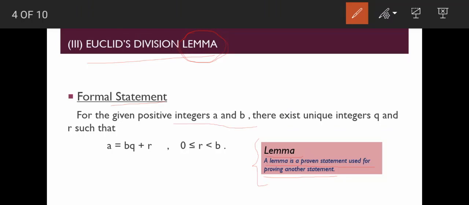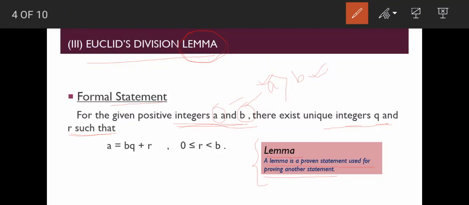So let two positive integers a and b be given to us. Then there exist unique integers q and r, and one more thing we need to consider here, that a is greater than b. When a is greater than b, of course we can divide a by b. That means a becomes the dividend and b becomes the divisor.